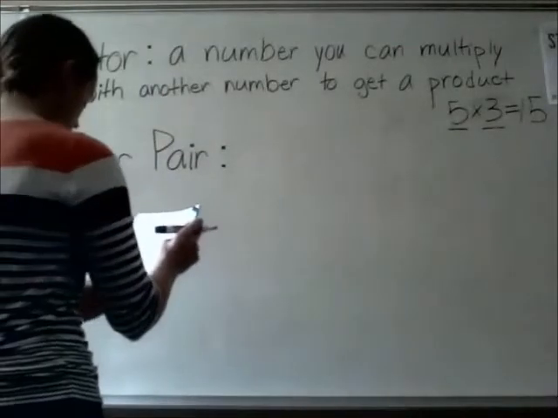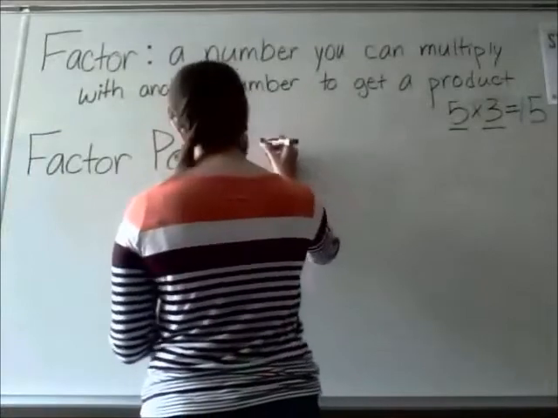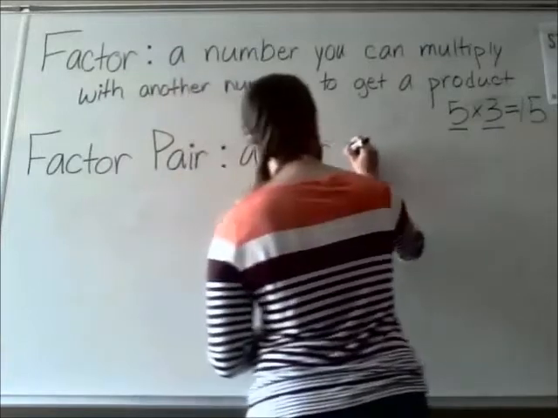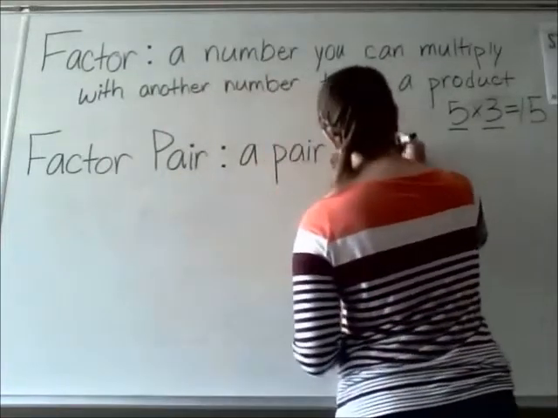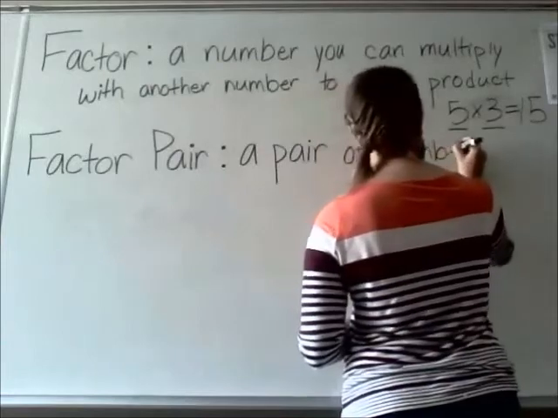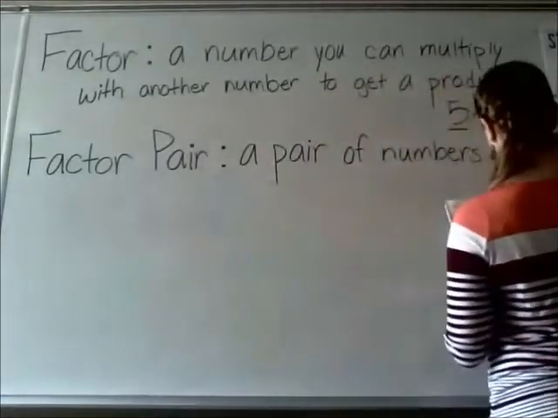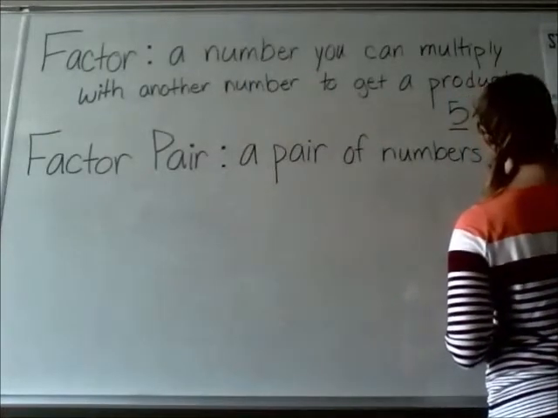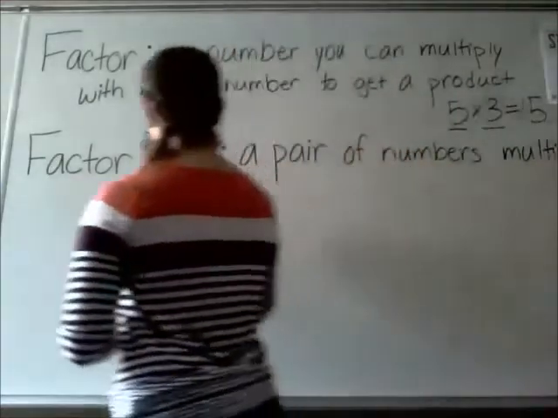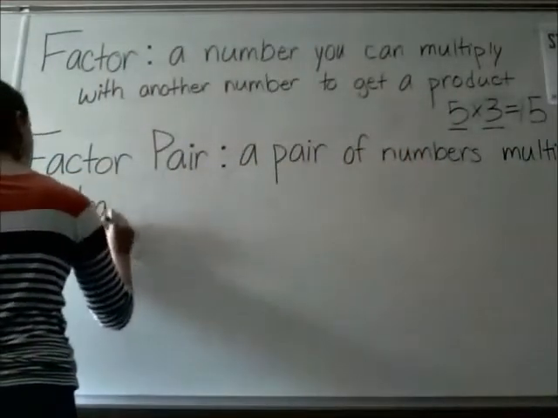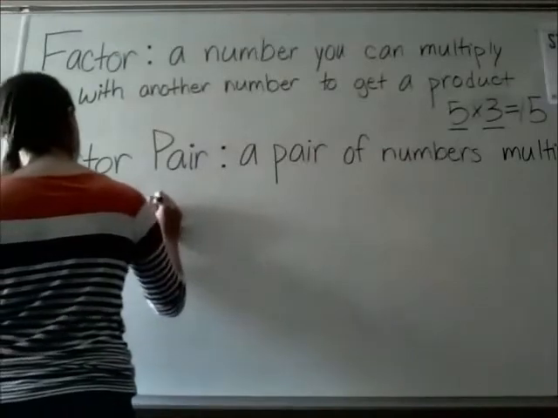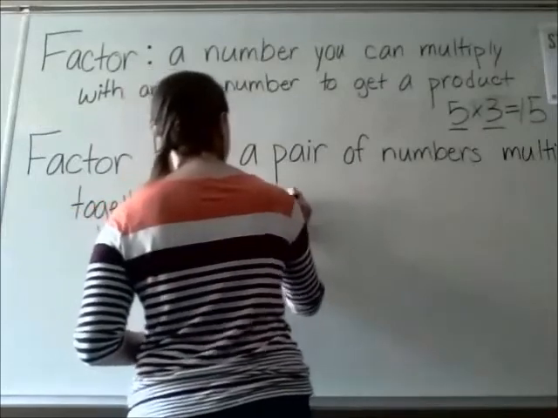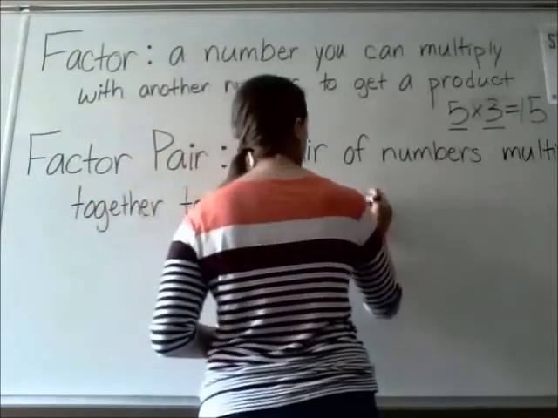Write in your notebooks again. A factor pair is a pair of numbers multiplied together to form a product.